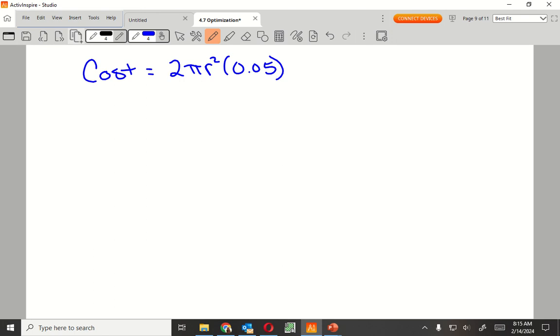It's the area of my two circles times that. That's going to be my cost, plus my lateral surface area, the sides of the can, which we said was going to be 2 pi r h, times what? 3 cents.